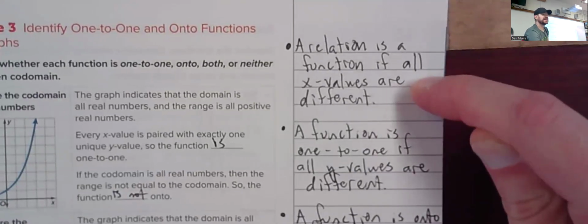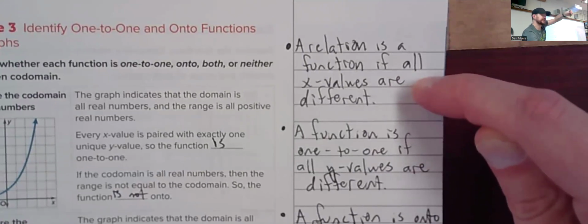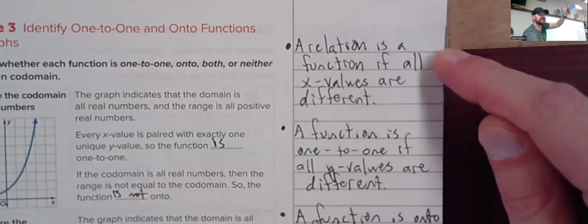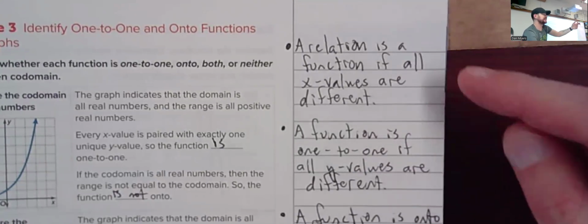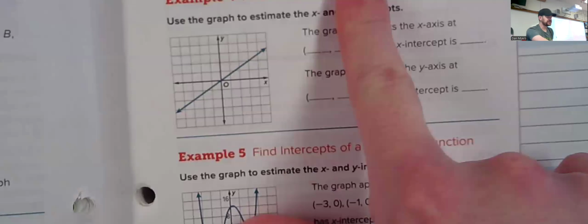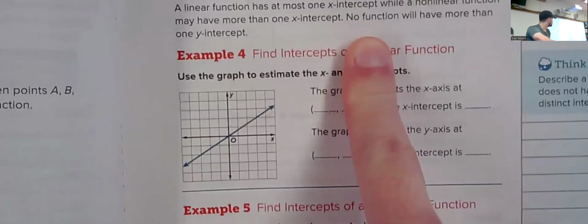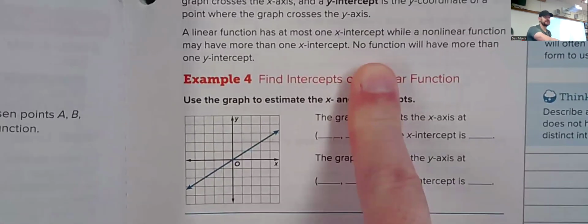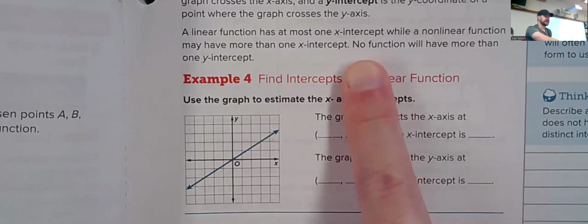So if you have repeated x values, it fails the vertical line test. You get multiple points when you lay a vertical line over the graph, which means that it isn't a function at all in the first place. So if we go back to where we're at now, page 15, no function will have more than one y-intercept. If a graph has more than one y-intercept, it just means that graph is not a function.